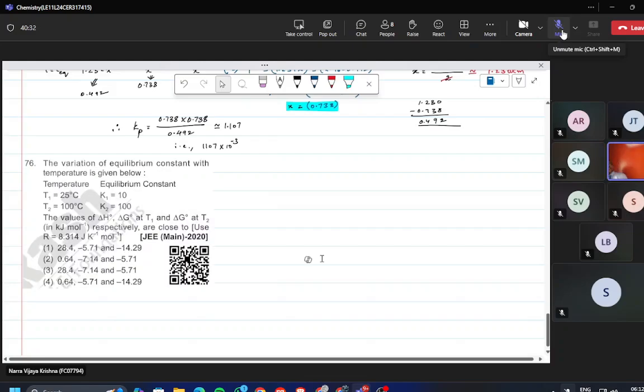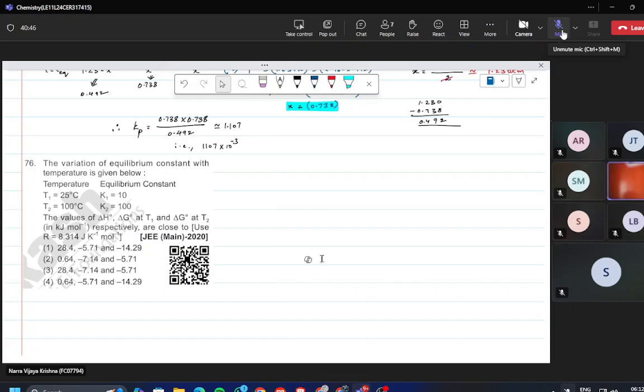Read the question carefully. Variation of equilibrium constant with temperature is given below. They are changing temperature, equilibrium constant also changing. Now we need to find delta H, delta G, delta H naught, delta G naught at T1, delta G naught at T2 respectively.